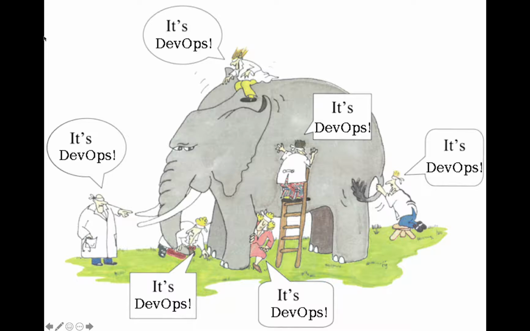Some companies will say that DevOps represents part of the software release process or the deployment process. Some companies will say that essentially DevOps is no different than what their operations team is currently doing. Vendors will tell you that they have a DevOps tool because it supports continuous integration.